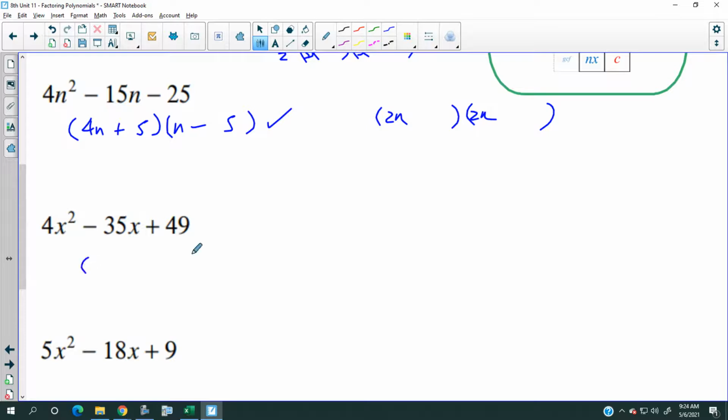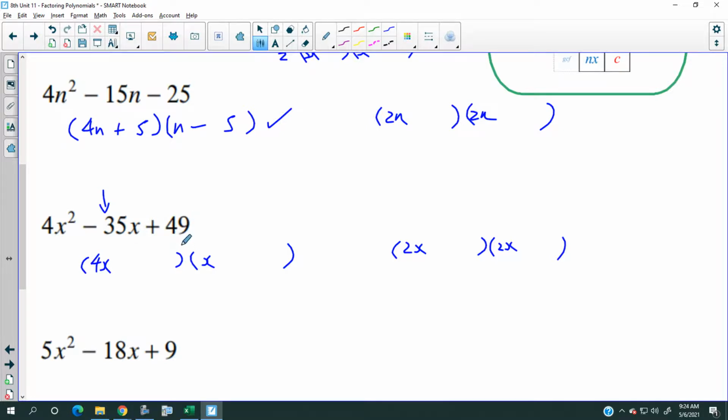For this one, let's do that again, because it worked last time. The other possibility is just 2x and 2x. To get 49, just 7 and 7. Now you could do 49 and 1, and here's the reason why I said 49 and 1. That number is rather high, and it's close enough to 49.